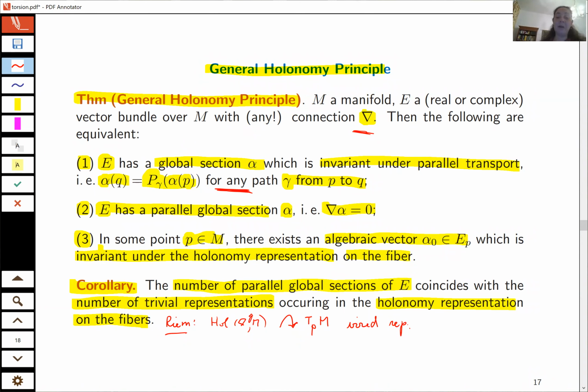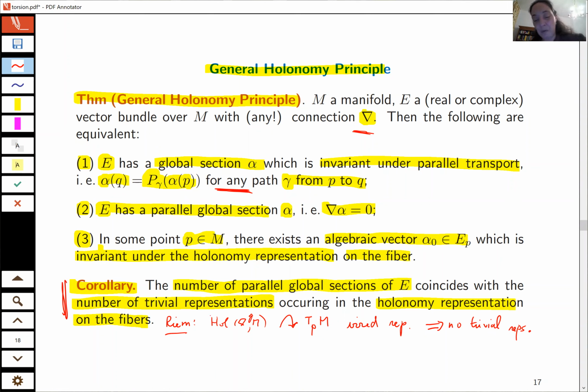Now, if it acts by an irreducible representation, and the manifold is not a curve, which is not the case I'm interested in, it means in particular that there are no trivial representations. Okay. So the situation of this corollary usually does not happen in the Riemannian situation.